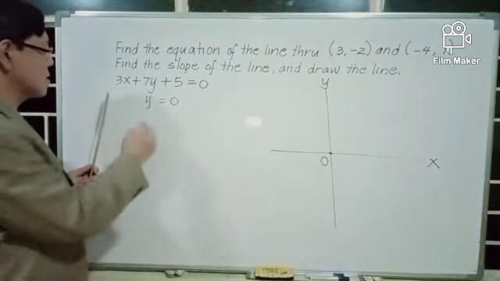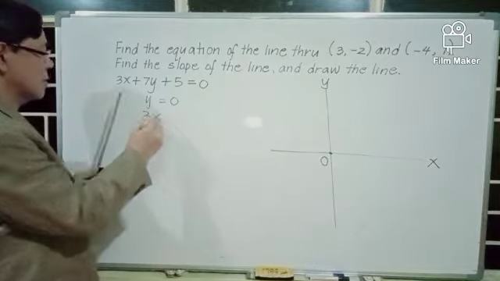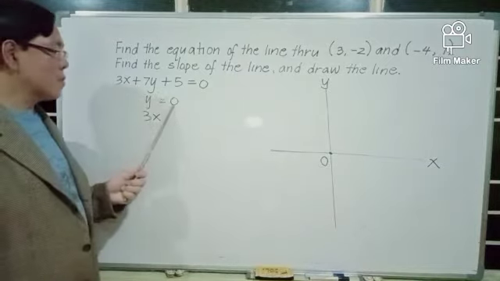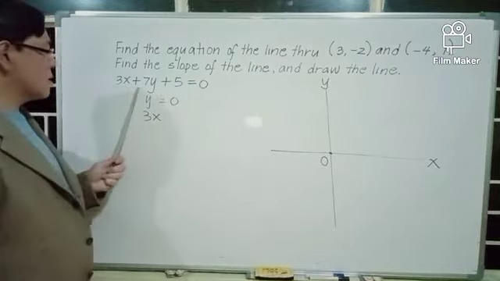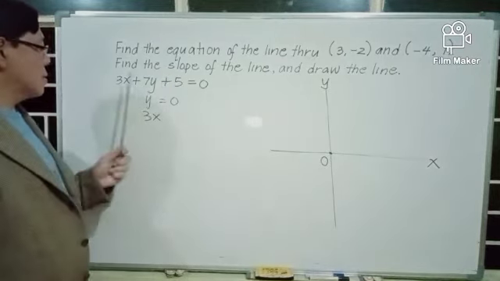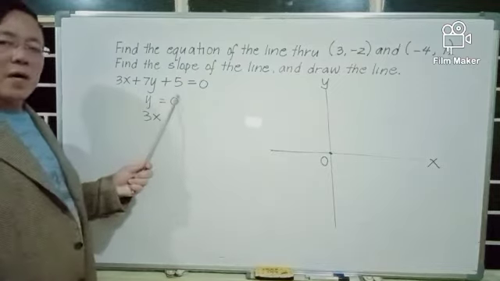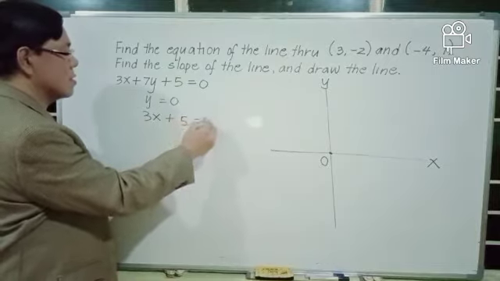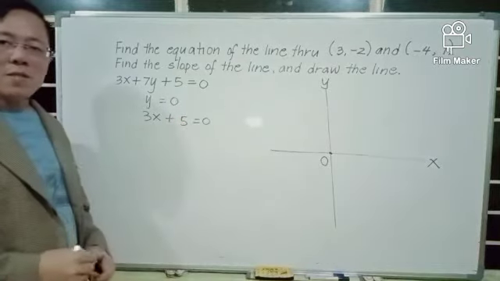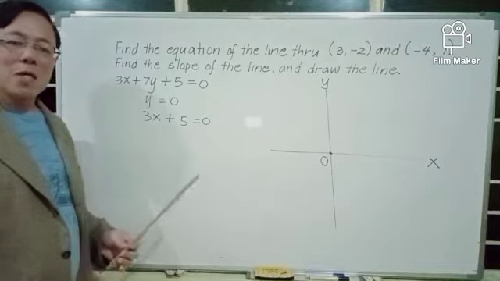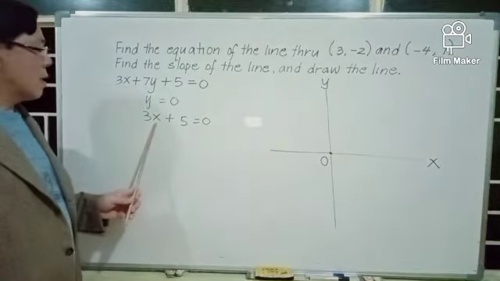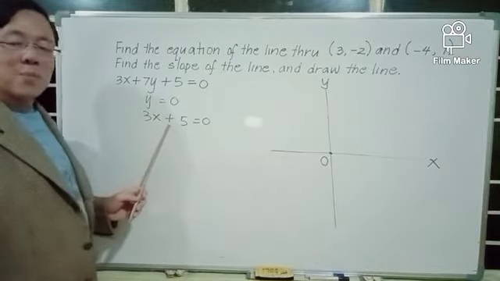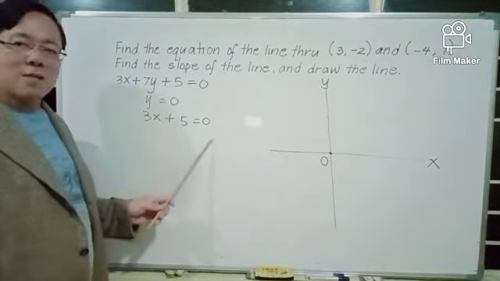We have 3x plus 7 multiplied by y is 0. The 7y will go, and we get 3x plus 5 equals 0. Now, this is what you call a linear equation in one variable x. And you solve for x from this equation by transposing first positive 5 to the other side.